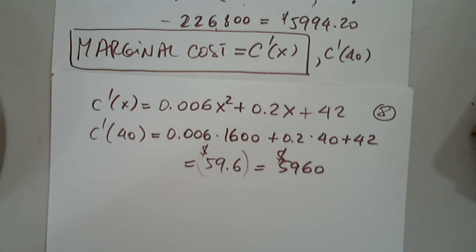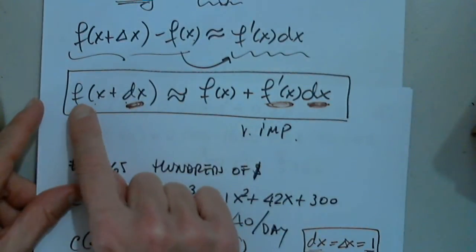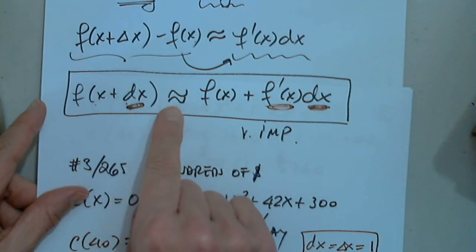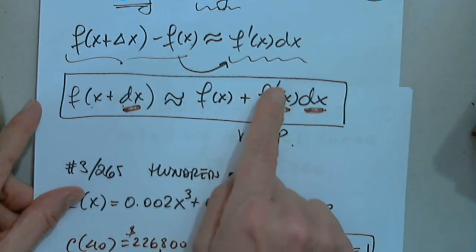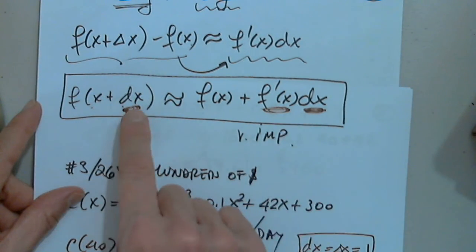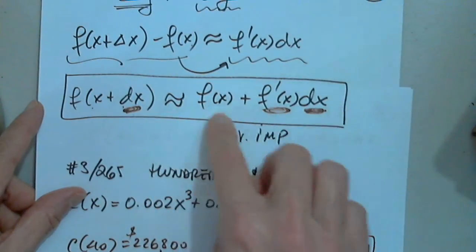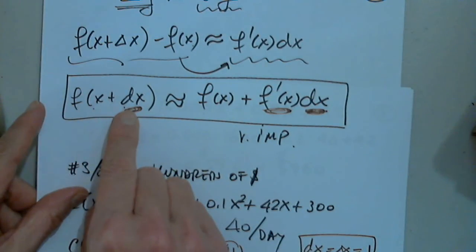When we're asked to find the estimate, we're asked to find the approximation. So f of 40 plus 2 is approximately f of 40 plus f prime of 40 times 2. And this will be the approximation of the cost of 40 plus 2.